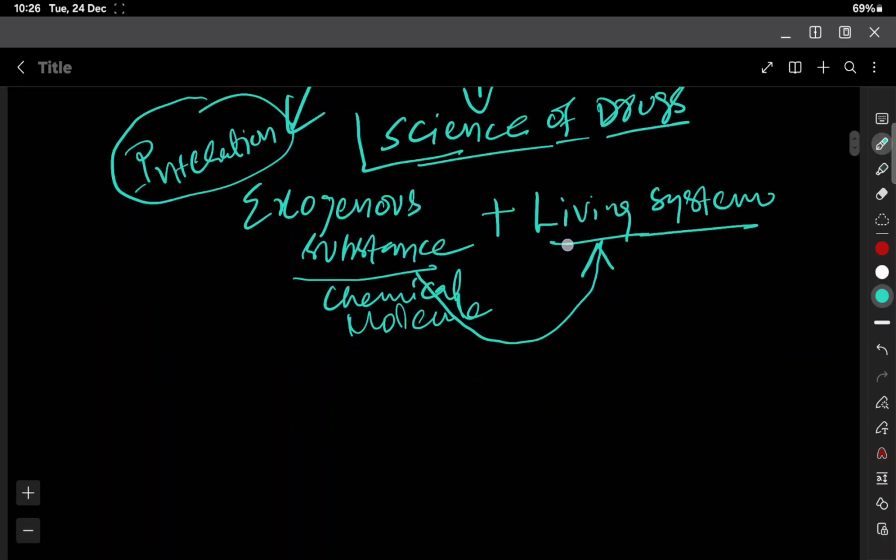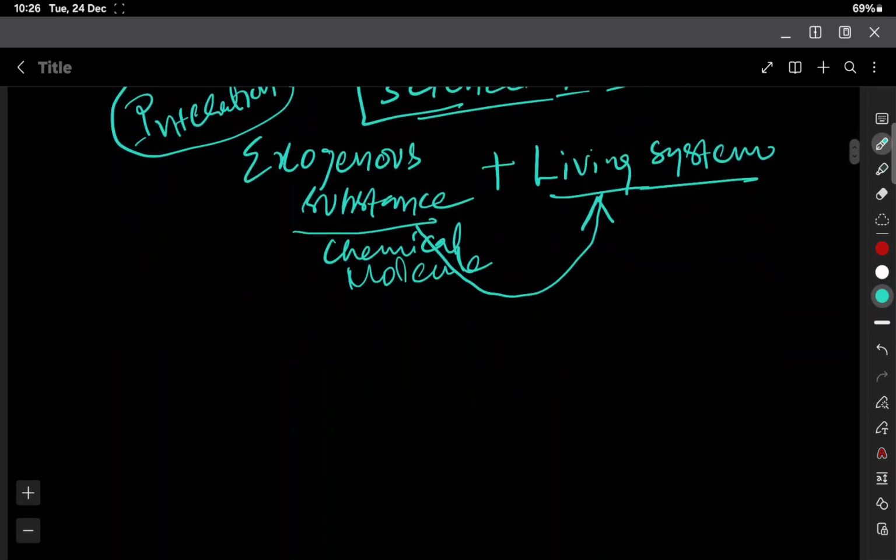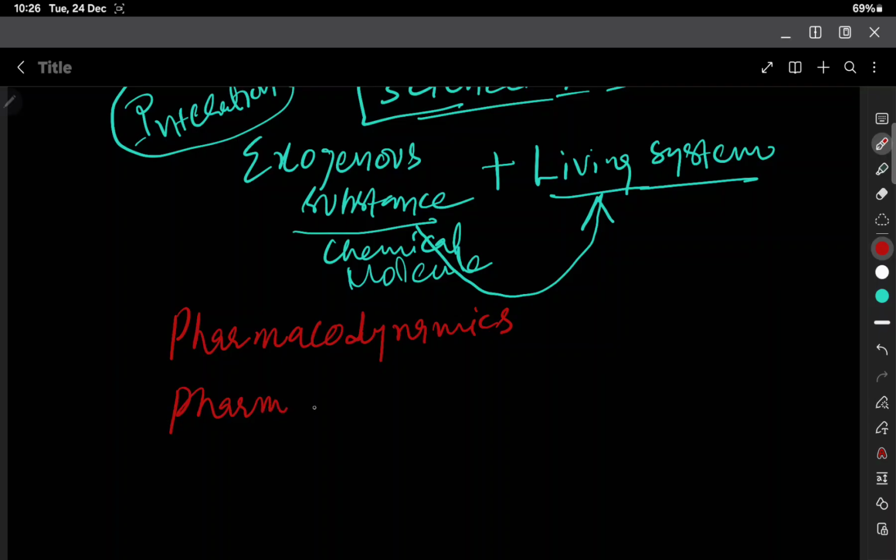Now in pharmacology there will be two main things. First one is called pharmacodynamics, and the second one is called pharmacokinetics. Dynamics and kinetics, these are the two things here.